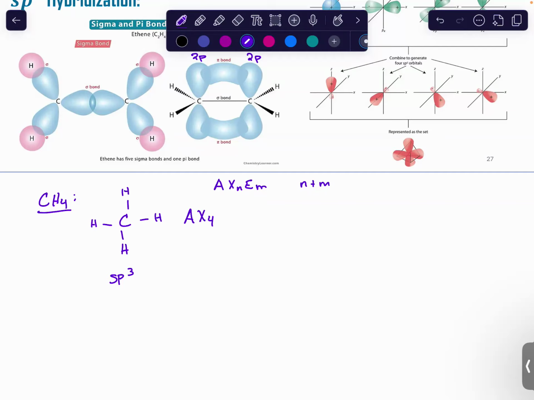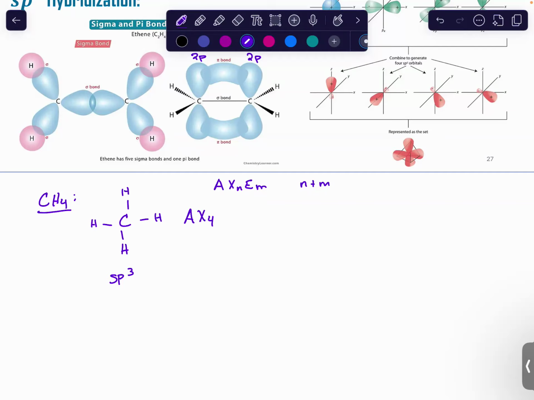So it's like the biology term, but different. So this has an n plus m. n is 4, m is 0, so it gives an n plus m of 4.